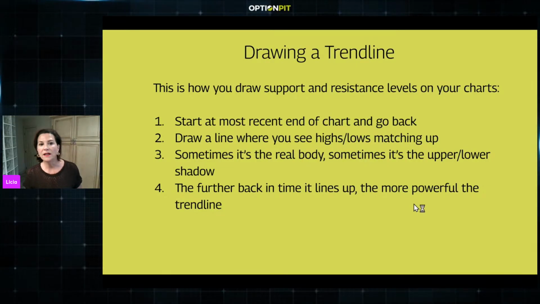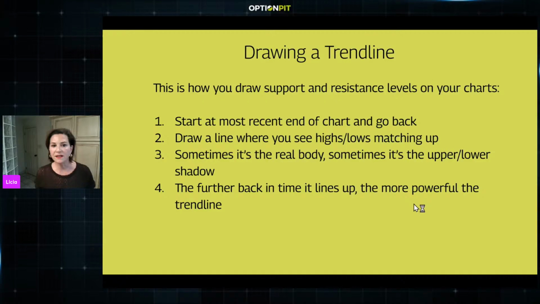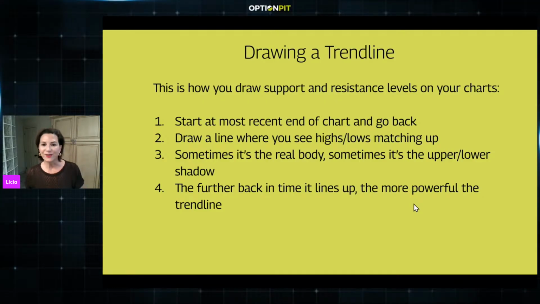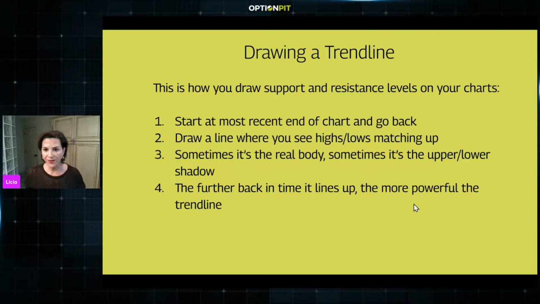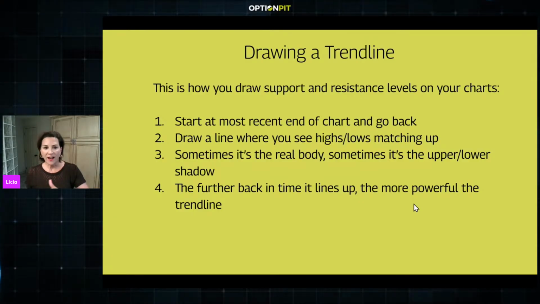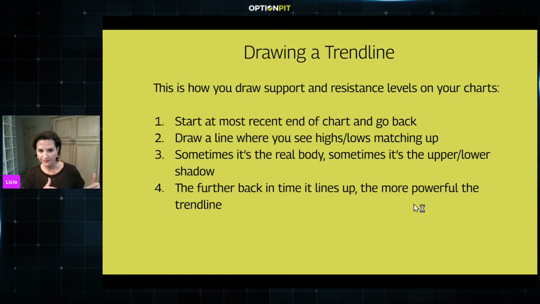Let's draw a trend line. Super easy. Start at the right side of your chart, the most recent, and go back to the left through history. You find a line or draw a line that shows where the highs and lows are matching up.